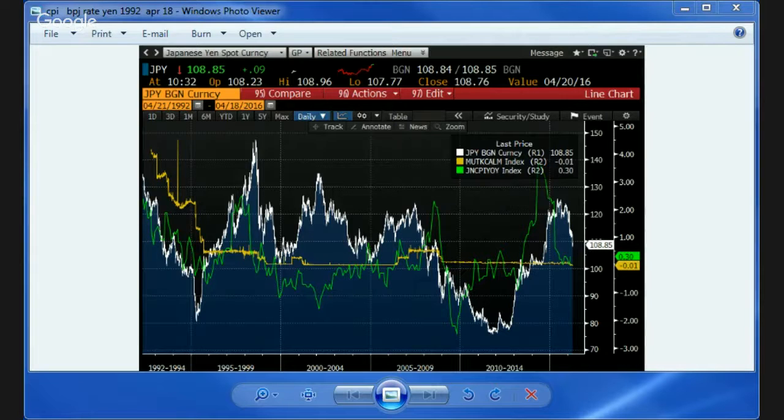Let's take a run at the US 2-year. That's the chart I closed, I'm afraid, my apologies. The rate is negative 0.75%. US inflation, the PCE, is about 1.3%. Now, is that headline?